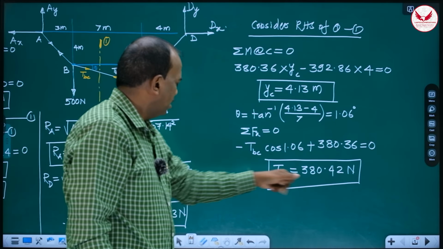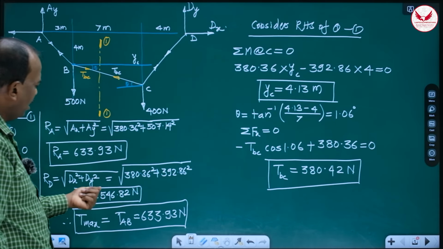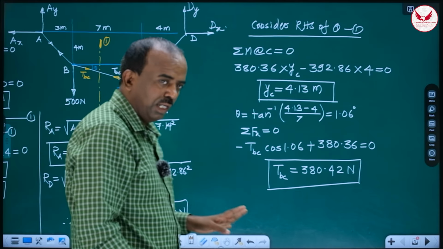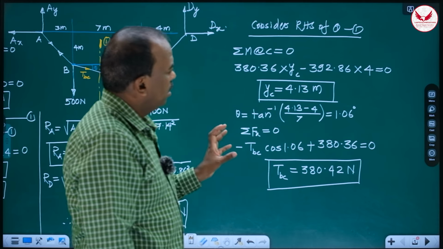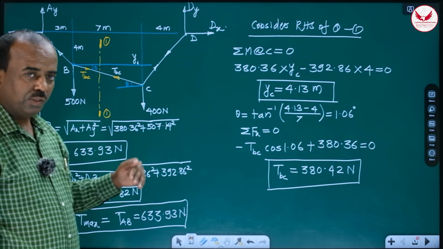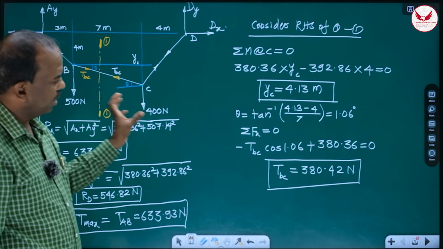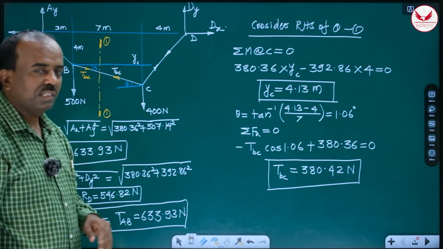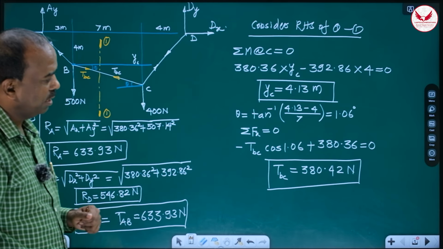TBC we are getting is less than 633 and less than 546. So this is the detailed solution of the cables example. I'll suggest using this method instead of using Lami's theorem or something. Here I have used only equilibrium conditions, summation M, summation Fx, and summation Fy.